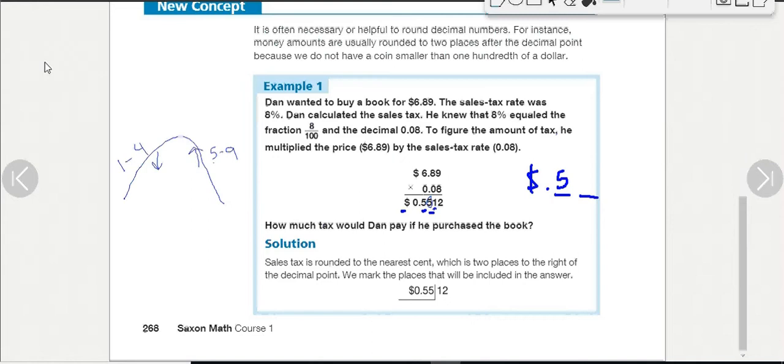Yes, including 5. So the 1 is over here. That means, well, instead of down, maybe I should say stays the same. We never go down and we don't zero this number out. It's going to stay a 5. So it's 5, and then what do I do with the rest? I don't want them. I just show it as 55 cents.